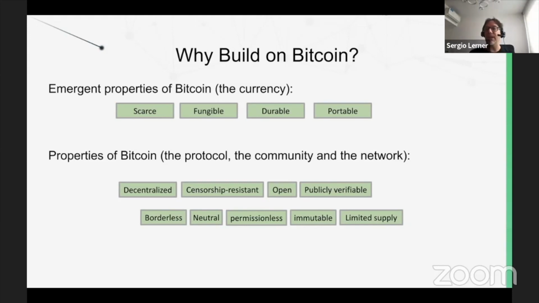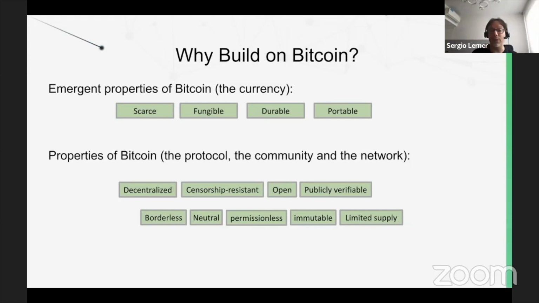But these properties are obviously not free. This is not magic. You really need to design the network and maintain the network in a certain way to support certain properties like decentralization, censorship resistance, and being open. It's important that it's publicly verifiable for anyone with any computer.